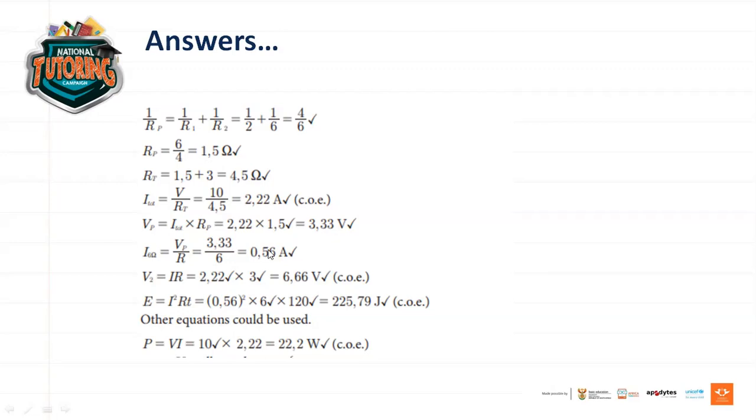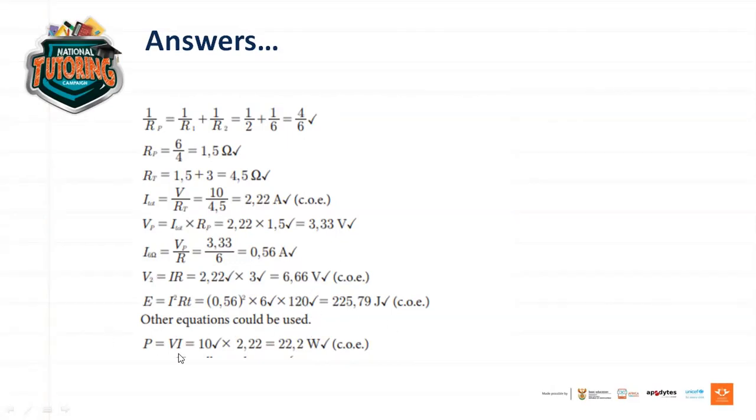We're not using the total current, you're just using the 6 ohms resistor current. You see how everything is interconnected. Then our R is going to be the 6, and our time is going to be 120 because they said 2 minutes, and 1 minute is 60 seconds, so 2 minutes is 120 seconds. And this is what we'll have.